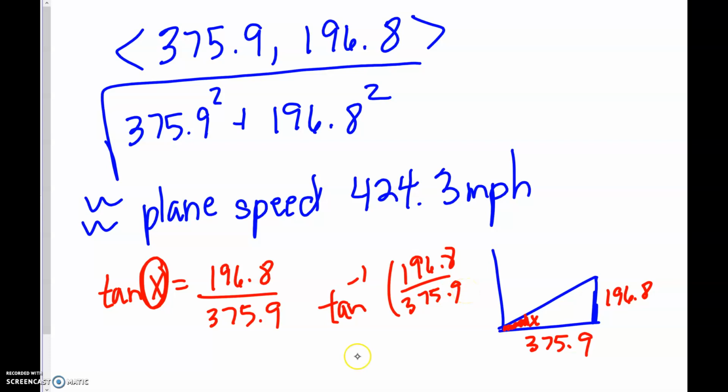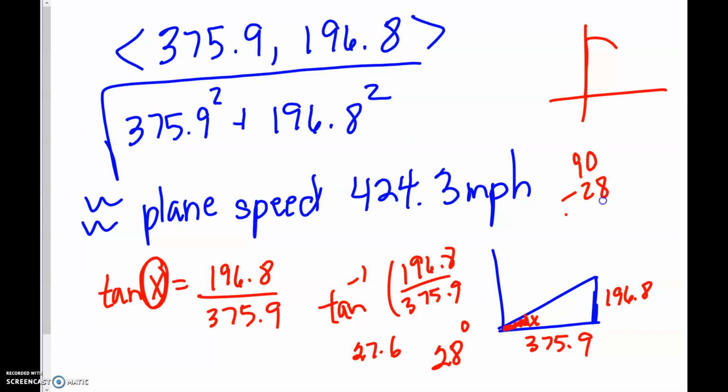And I think that gives you something like 27.6, and they asked us to round to the nearest degree. So we're going to say that this is in a direction of 28 degrees. Now remember, if you want to give it in nautical form, that they want to give us north and then coming back east. So what we would do would be 90 minus 28, and 90 minus 28 is going to give me 62.